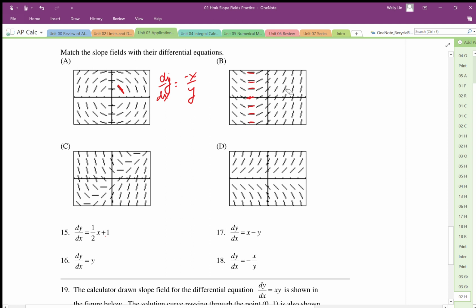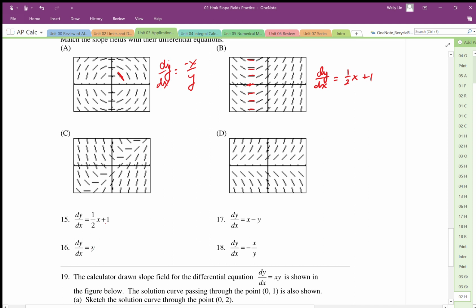Any numbers on this side will give me positive values. Every number on this side will give me negative values. Yeah, I see positive slopes and negative slopes. And it does look like a quadratic. So this dy by dx looks like it's going to be the linear function 1/2 x plus 1. And if I anti-differentiate this, I'm going to get x squared plus x, which is a horizontal shift to the left.